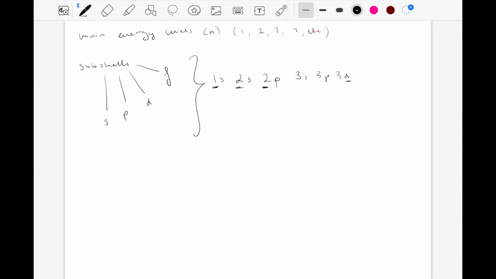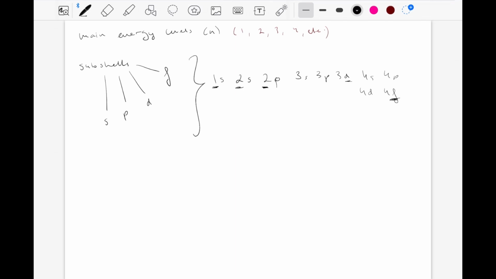And the fourth has S, P, D, and F. If you go further, we kind of stop at F because there are no real atoms that go further than that. There are also hypothetical orbitals, but you do not have to know that. This is where it stops for us.